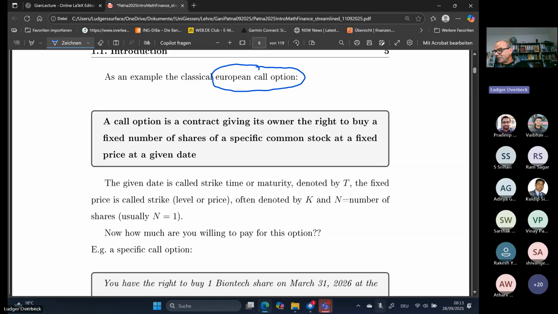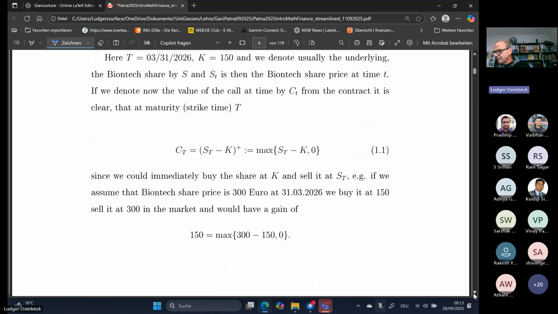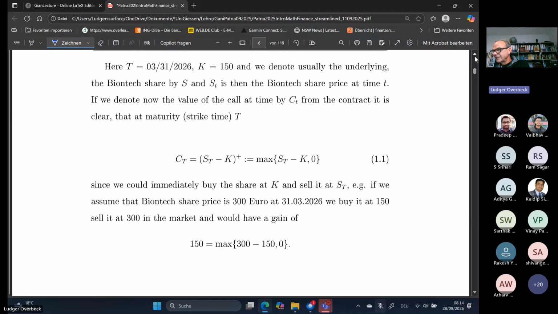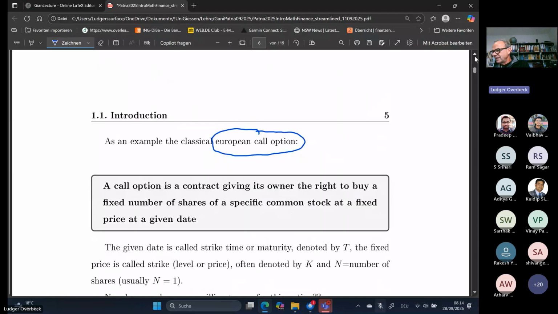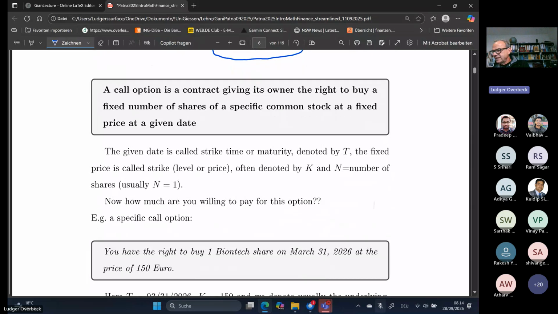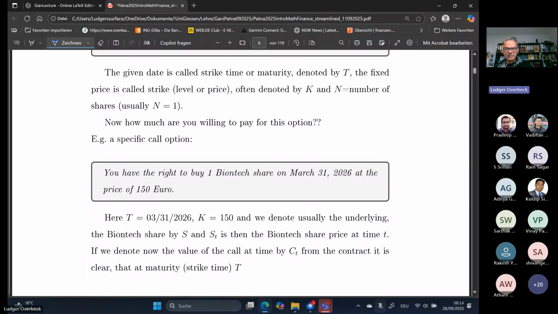So now the question is, how much do you want to pay for this option? Let's look at a specific one. As an example, the common share, let's say that's BioNTech, a pharmaceutical company.